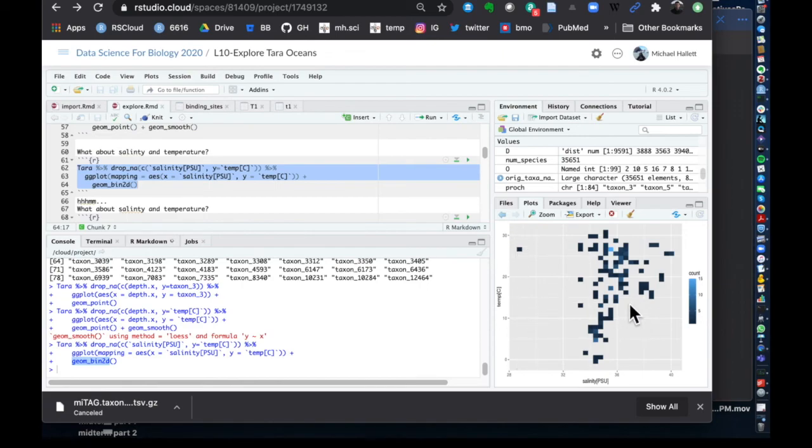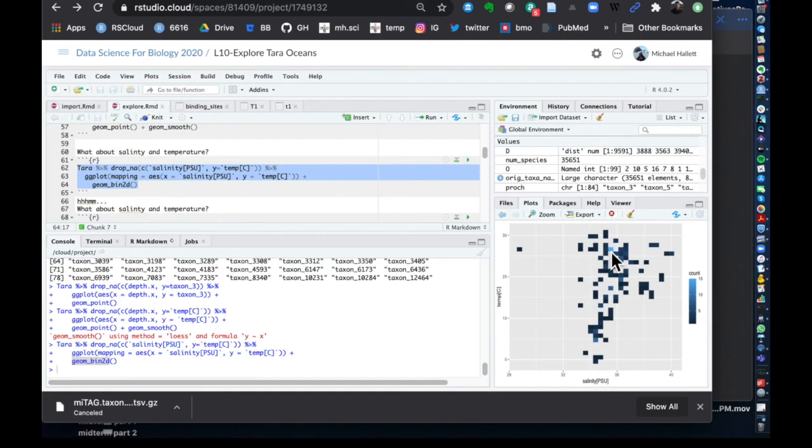And to me, it doesn't seem that strong. I guess at high temperatures you have more salinity; it's a little bit skewed that way. Certainly, low temperatures have relatively low salinity. I don't know what that sample is that has very low salinity and a very high temperature. It'd be interesting to figure out what that is.